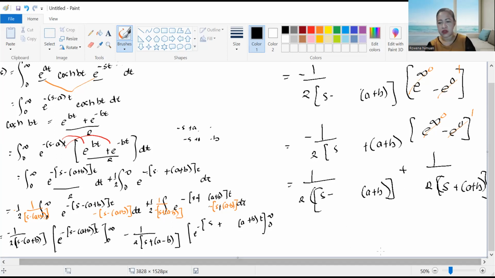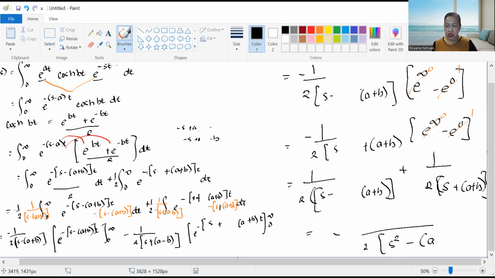Then going further by algebra, the common denominator is 2, giving s squared minus a plus b squared.